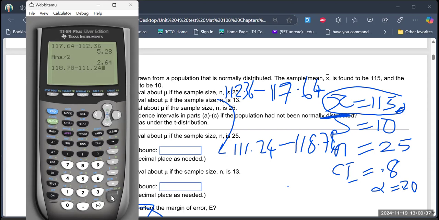When I hit enter, I get the total margin of error, but I need to divide it by 2. Okay, so the margin of error is higher when the sample size decreases. When the sample size decreases, the margin of error increases.